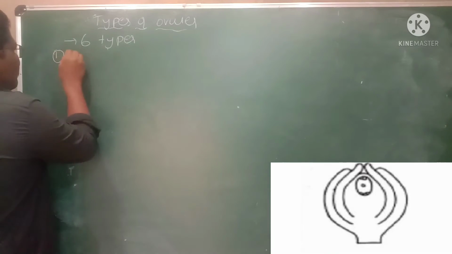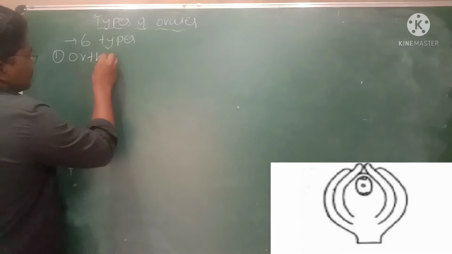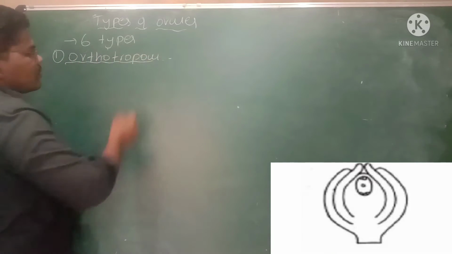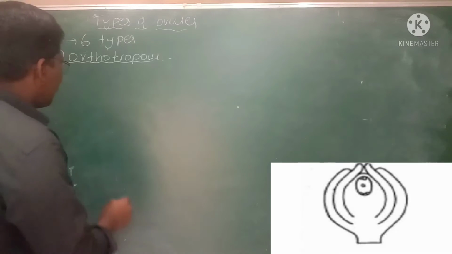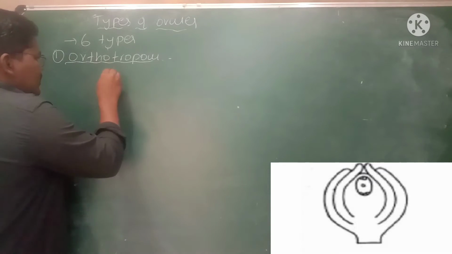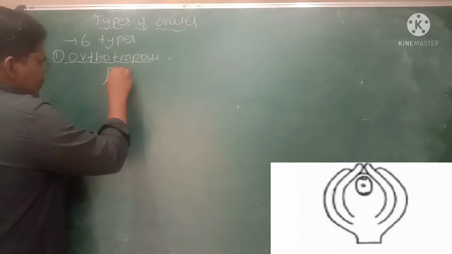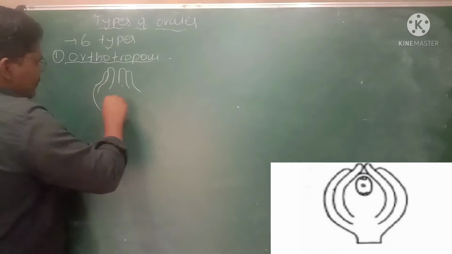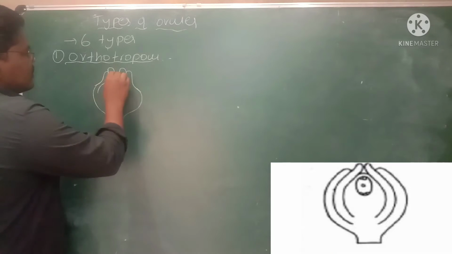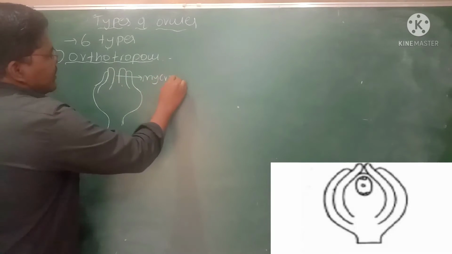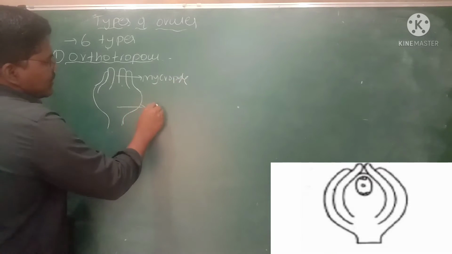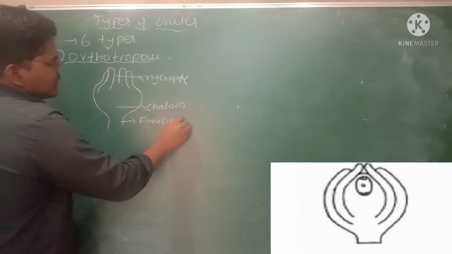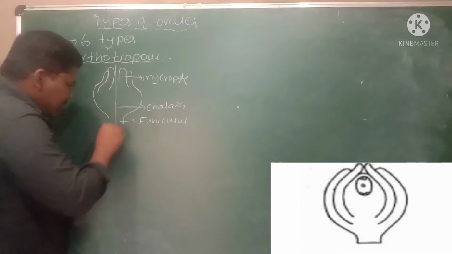Number 1 is orthotropous ovule. The orthotropous ovule is the simplest and a primitive type of ovule, in which we can see micropyle, chalaza, and funiculus in a line.